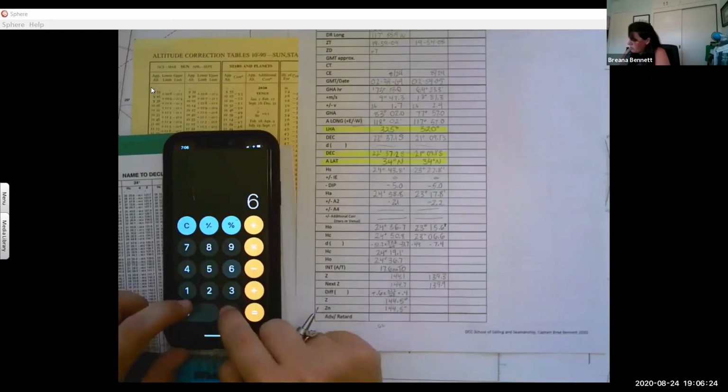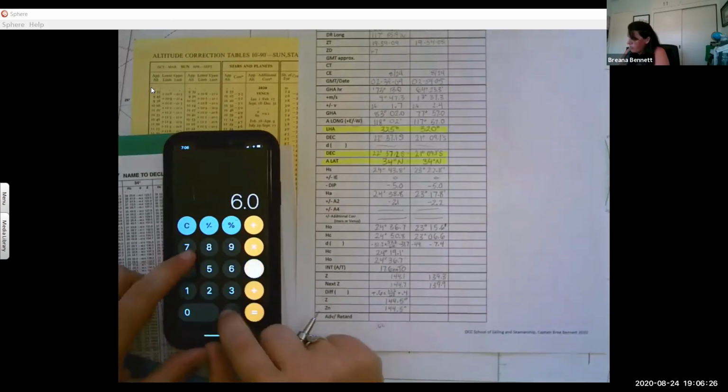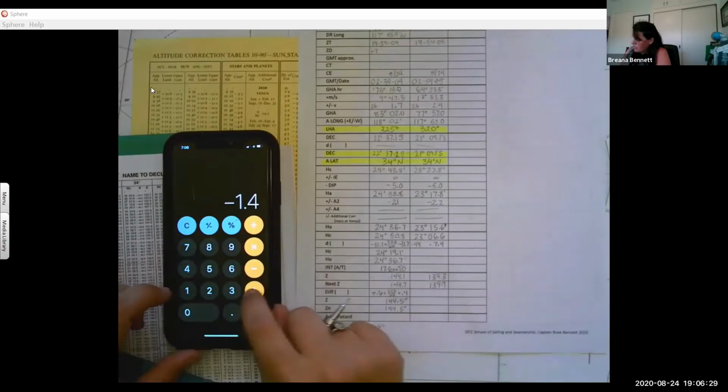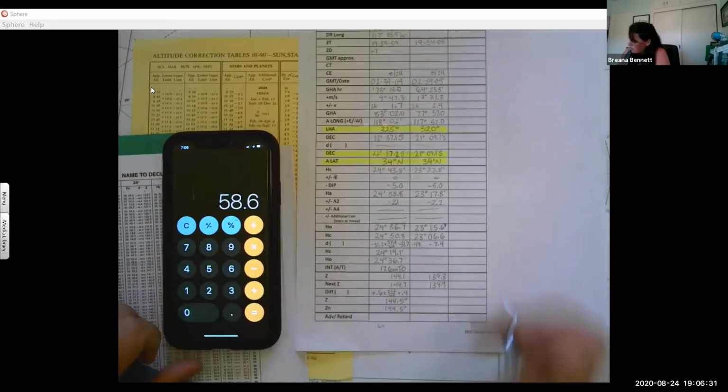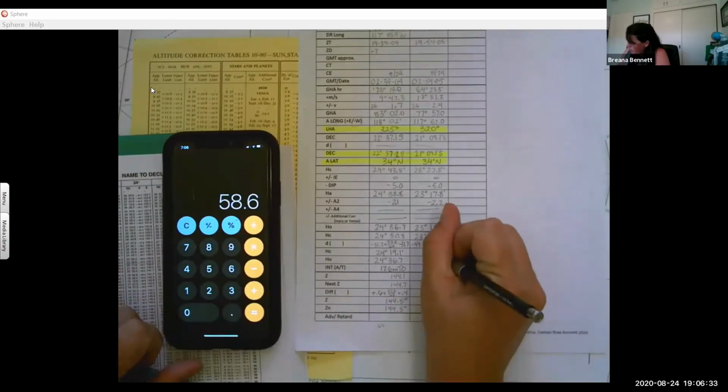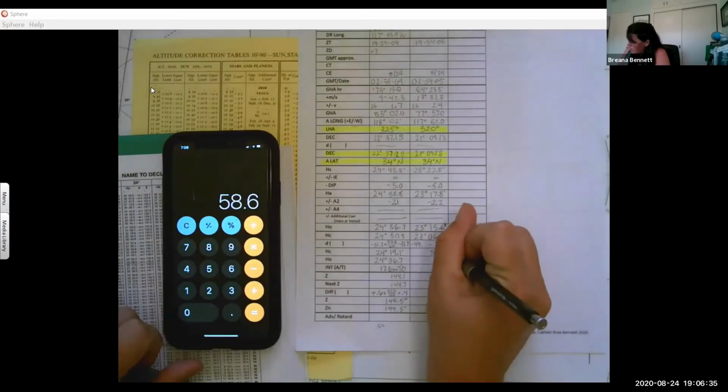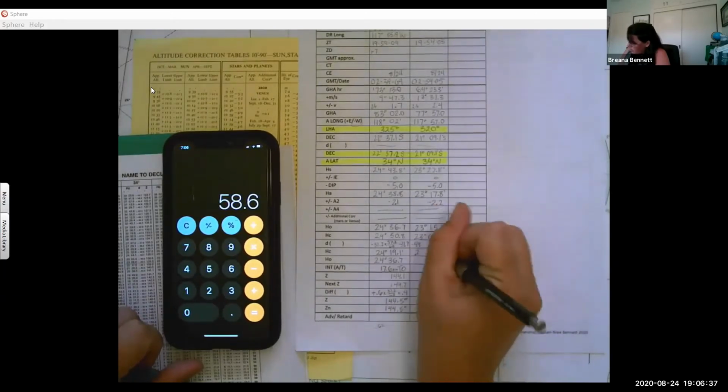So 6.6 minus 7.4 plus 60 gives us 58.6, and that's going to be 22 degrees, 58.6.